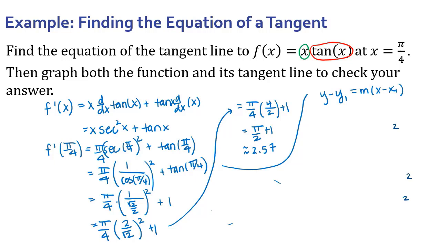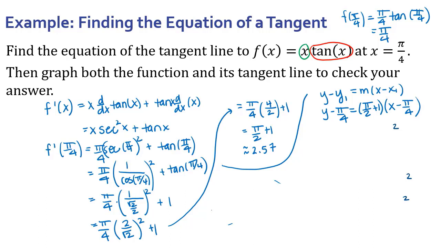When x is pi over 4, I substitute that into the function and get pi over 4 times the tangent of pi over 4, which is pi over 4 times 1, so it's pi over 4. That gives me y minus pi over 4 equals, using the exact slope, m times x minus pi over 4.